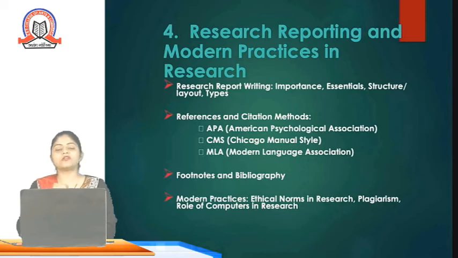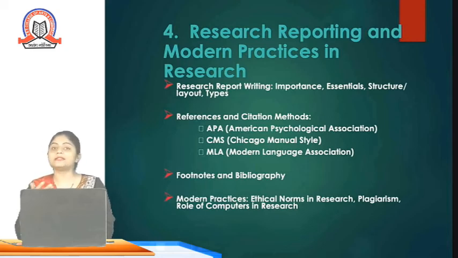And the second part of this unit is modern practices in research, which includes how to make the bibliography. There are 3 styles of writing the bibliography. One is APA, American Psychological Association. Another one is CMA, Chicago Manual Style, and third one is MLA, Modern Language Association.